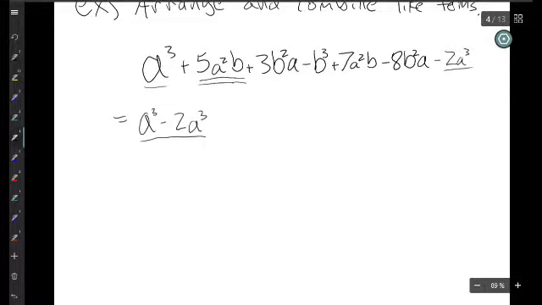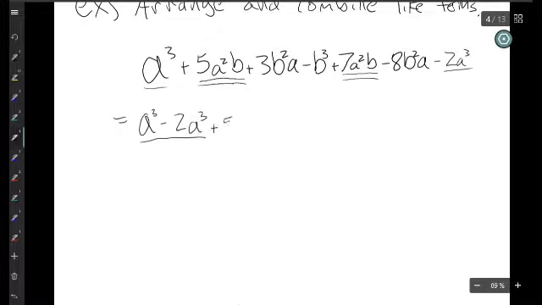This is b squared a. It's different. So different terms. B cubed. A squared b. There's another a squared b term here. 5a squared b and 7a squared b. So plus 5a squared b plus 7a squared b.